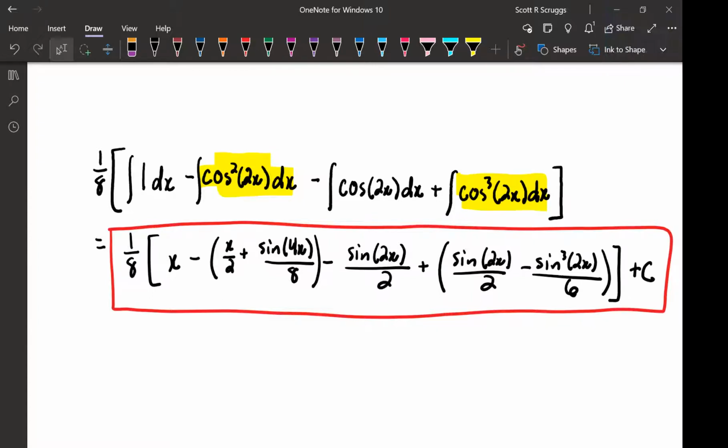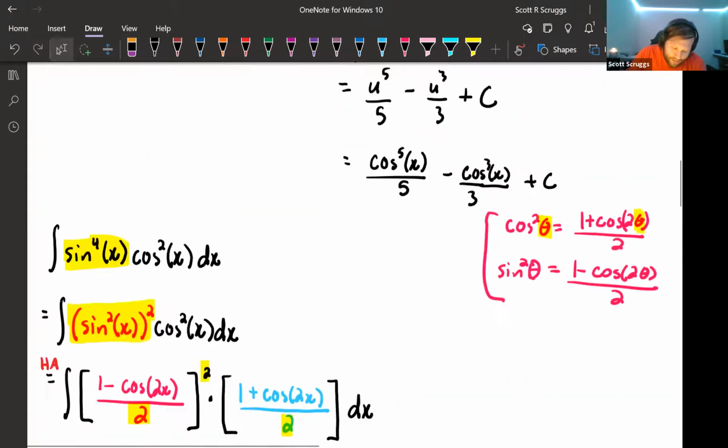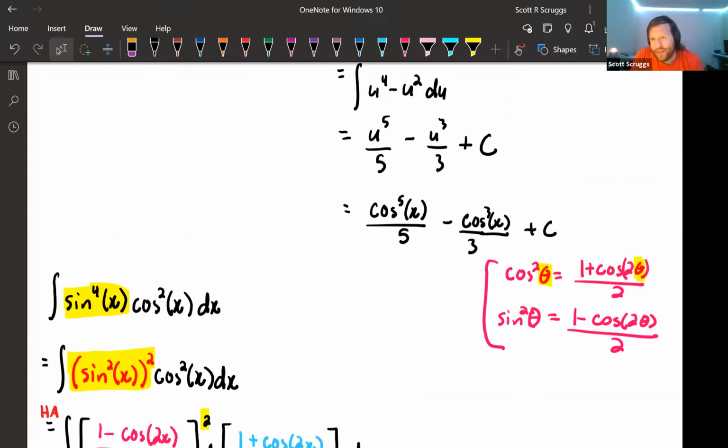Yeah. Now keep in mind that you might have to be a little bit careful, and I'll scroll back up to explain what I mean by that. For example, the sine to the fourth. I rewrote that sine to the fourth as sine squared of x, all squared, on purpose. That way I made sure I didn't mess up when I applied the half angle identity.